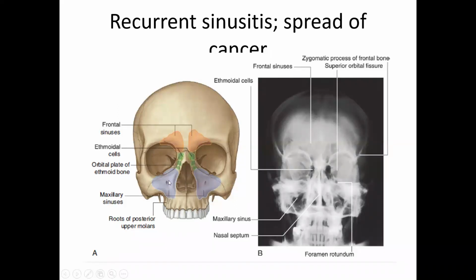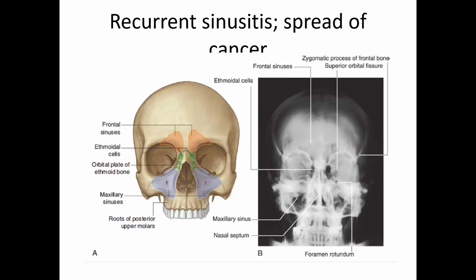If the maxillary sinus grows anteriorly, it will cause a swelling in the face. If it grows medially, it can block the nasal passage. If it grows inferiorly, it will perforate the palate and form an ulcer in the oral cavity.